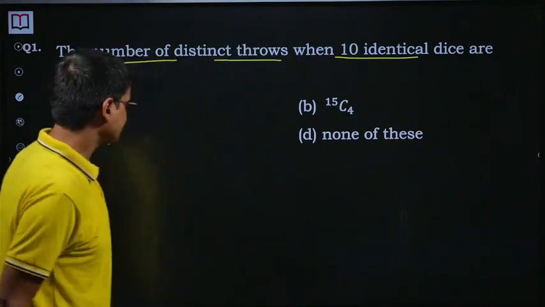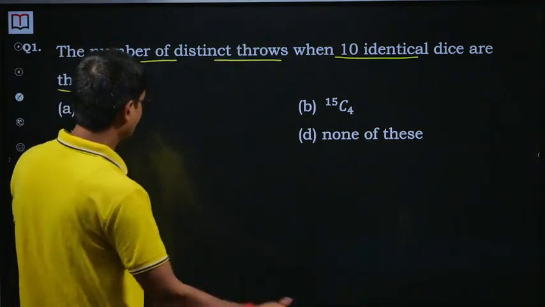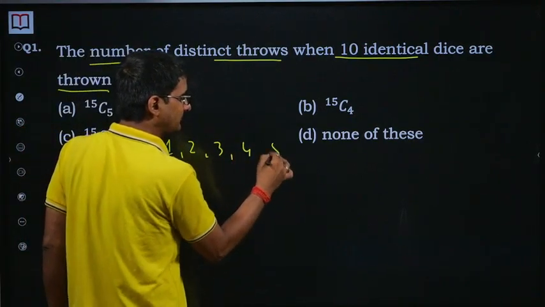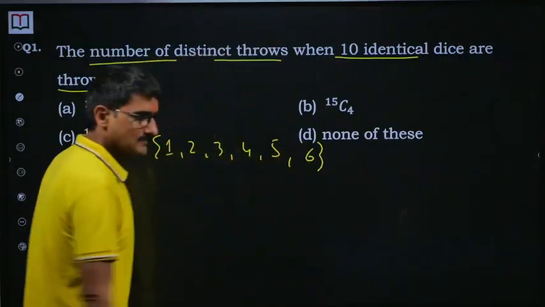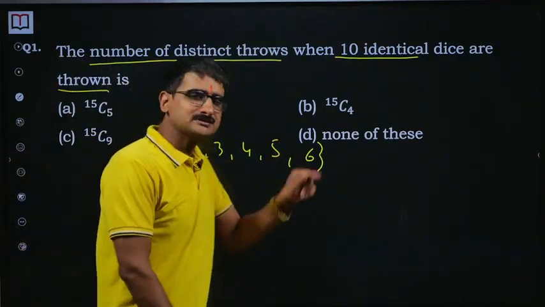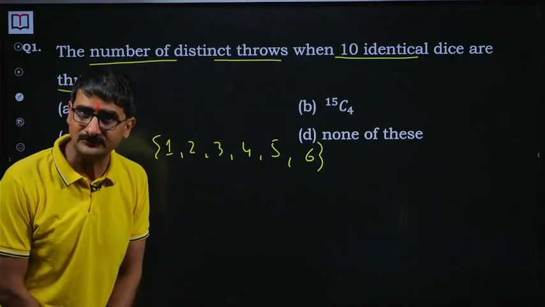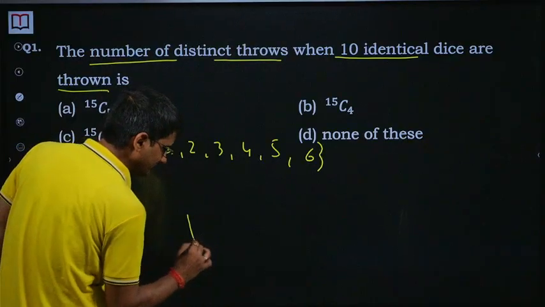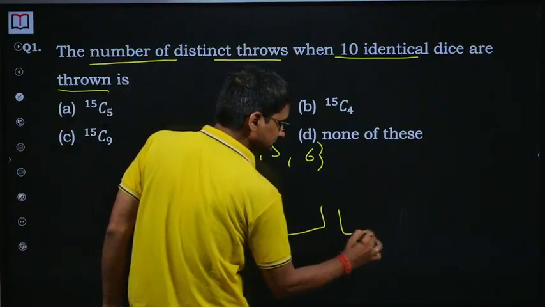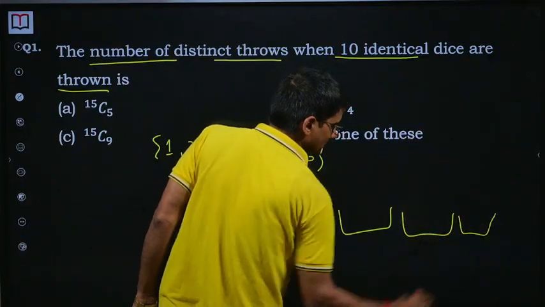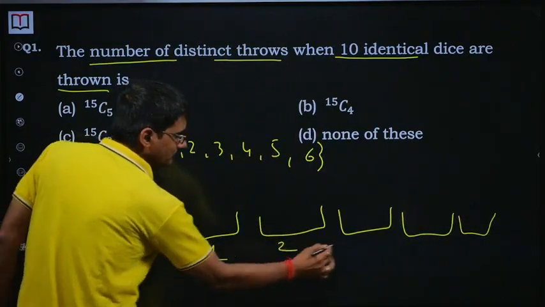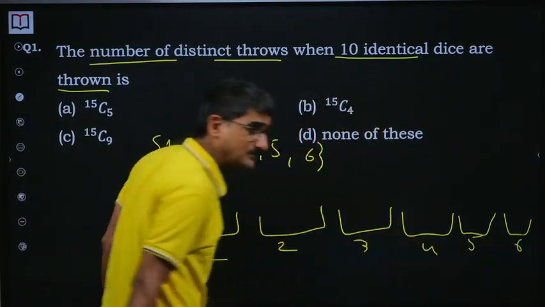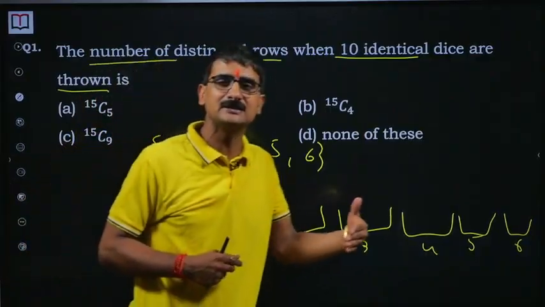For me, I will say that I have 1 2 3 4 5 6 as the boxes. So these are 6 distinct numbers.